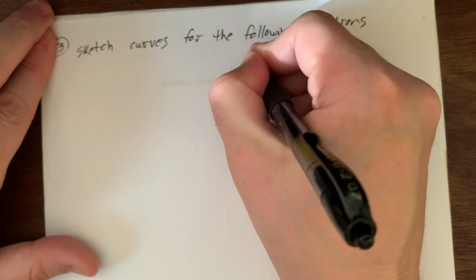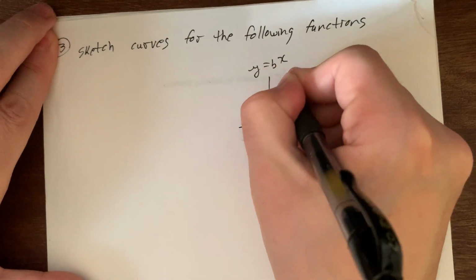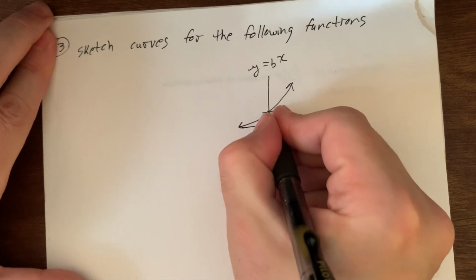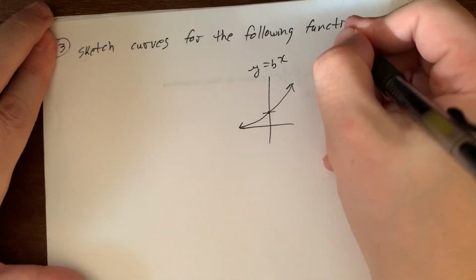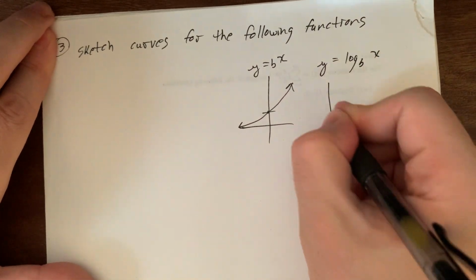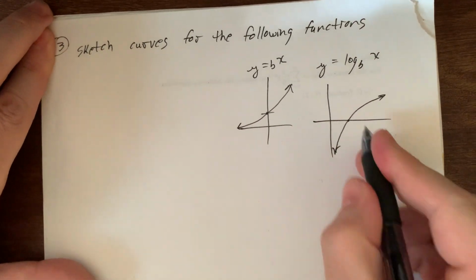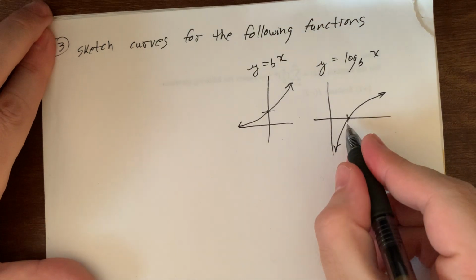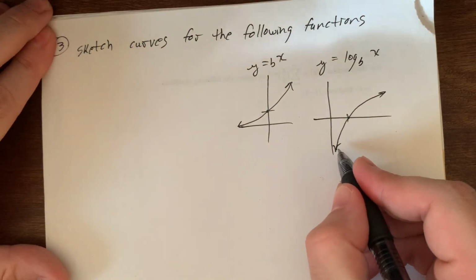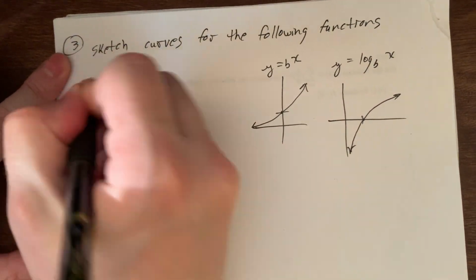We've got that y equals b to the x. It looks like this with the two key attributes, where this is the y-intercept and this is the horizontal asymptote. And then if I have log base b of x, we've got this as our base graph, with an x-intercept (1, 0) and this vertical asymptote. So using those two base graphs, let's sketch number one.